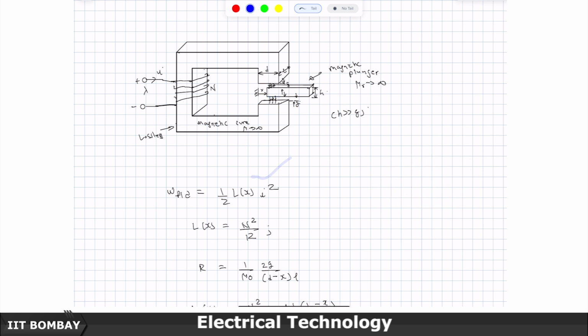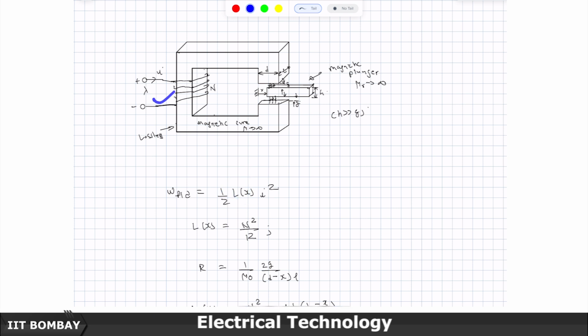Now, we have seen that if we freeze ourselves at some point x here, the magnetic field energy which is stored is going to be half of L of x, which is a function of x, times the current I squared. So, let us try to calculate the inductance L of x.